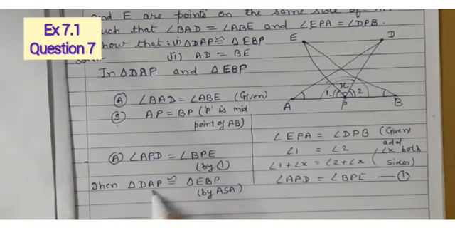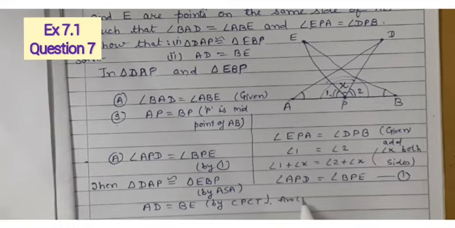Then if these two are congruent, you can say AD equal to BE. AD is equal to BE by CPCT. This is your answer number 2. This is first answer. Hence proved.